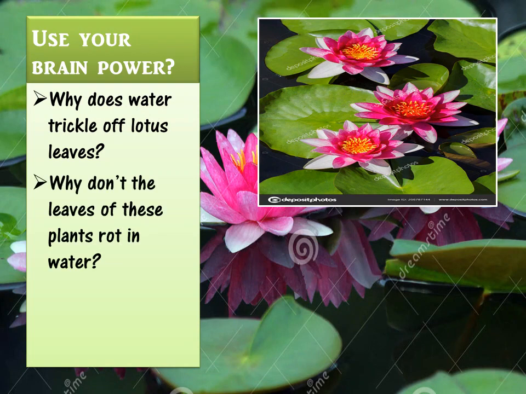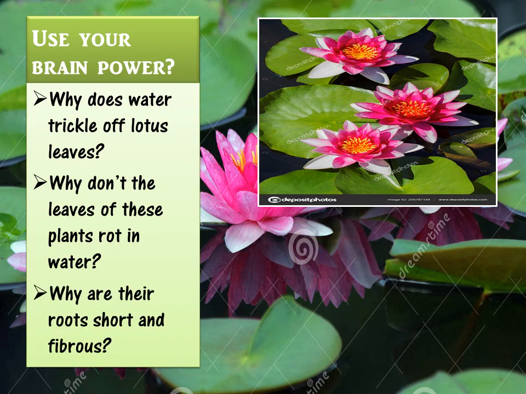Next, why don't the leaves of these plants rot in water? The leaves in the aquatic plants have a waxy coating on them. There are no stomata on the leaves and thus water cannot enter the leaves. Therefore, the leaves do not rot in water.